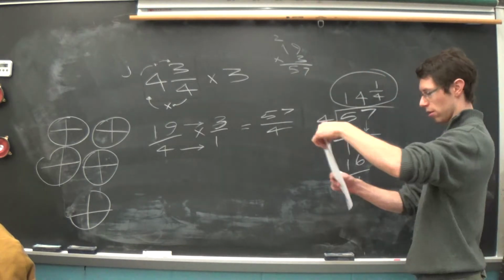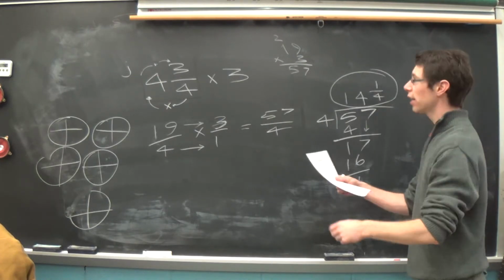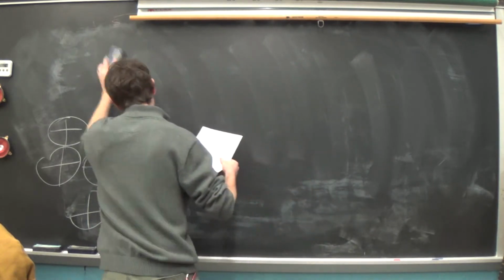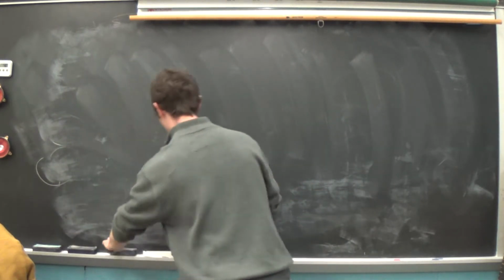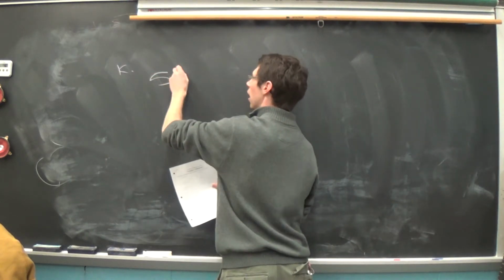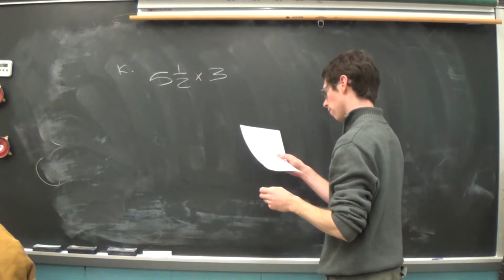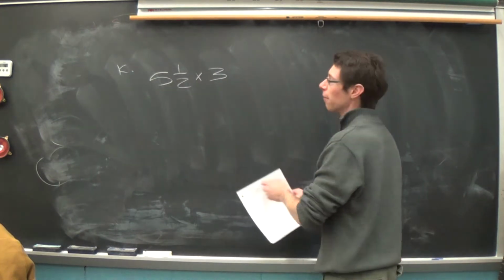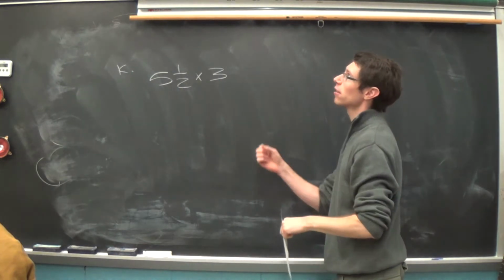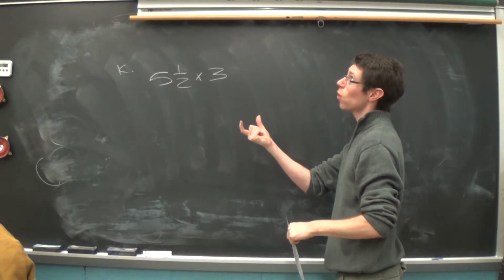I'm going to do K on your paper real quick. So K, 5 1/2 times 3. Here's how I would do it in my head. 5 times 3 is 15. 1/2, 3 times is, let's see, 1/2 once is a half, 1/2 twice is a whole, 1/2 3 times is 1 1/2.